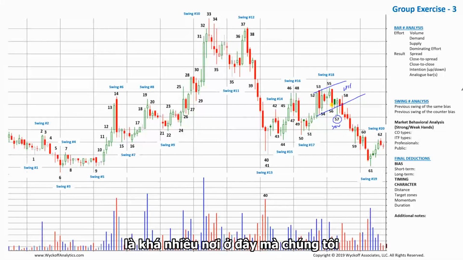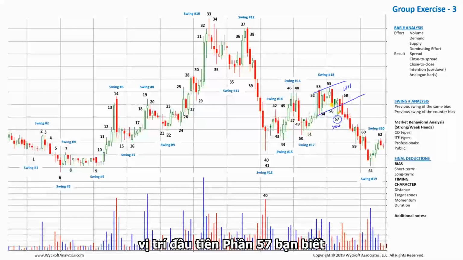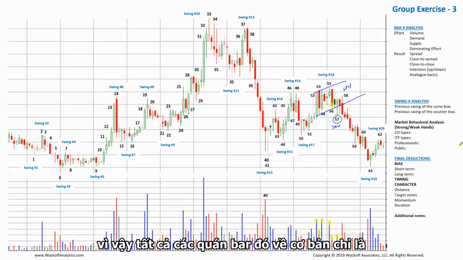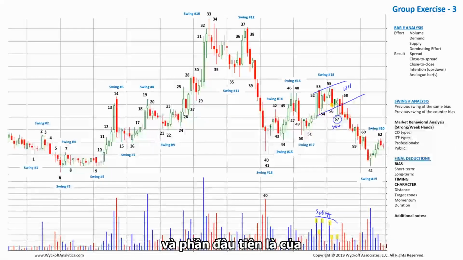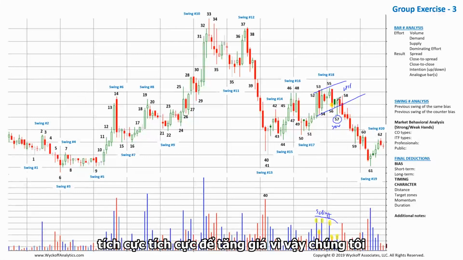So there are quite a few places here that we would open the position, or we can open the position. First bar at 57, still somewhat vibrant, but still, look at the levels of the supply. It's still there. So all of those bars is just basically selling. And the first bar is active, aggressive to the upside.